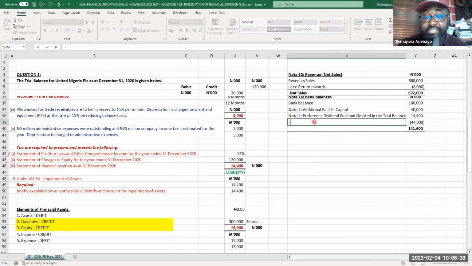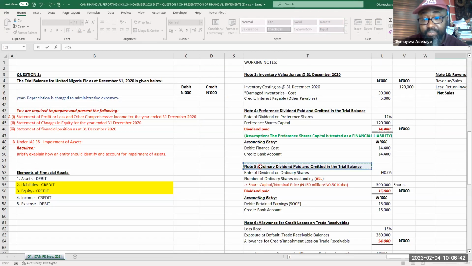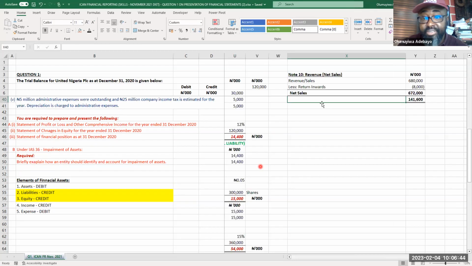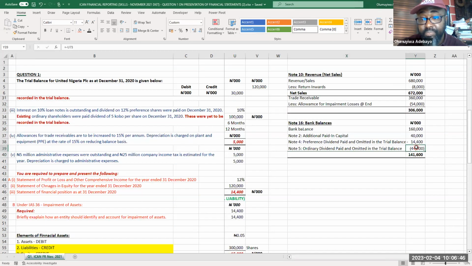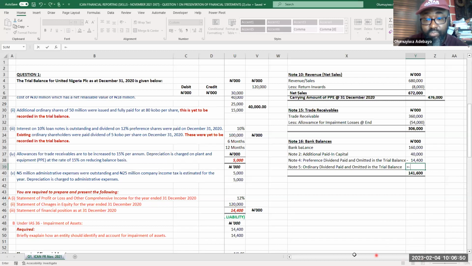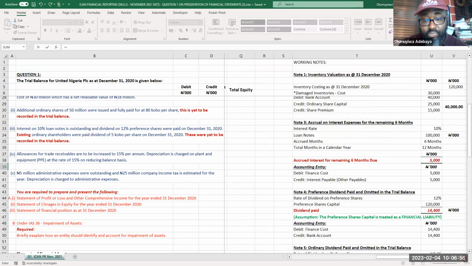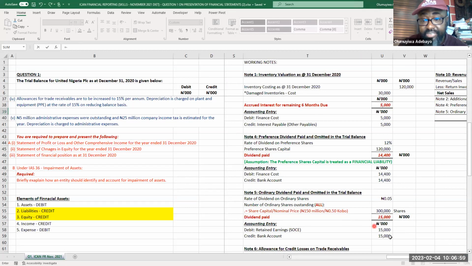Also, in note 5, we paid ordinary dividend of 15. Ordinary dividend of 15.